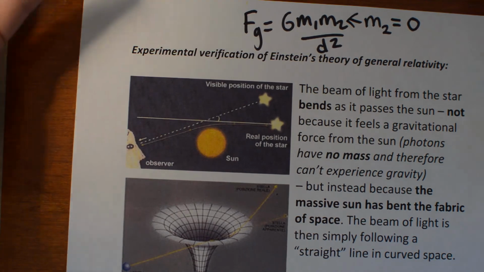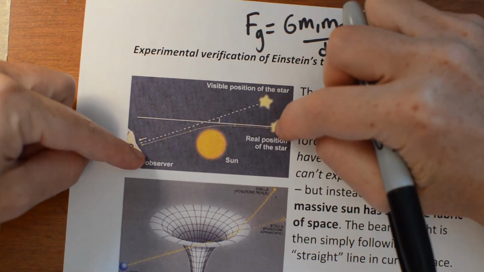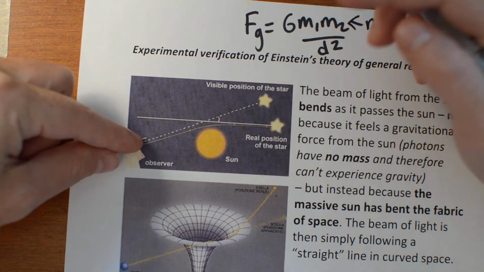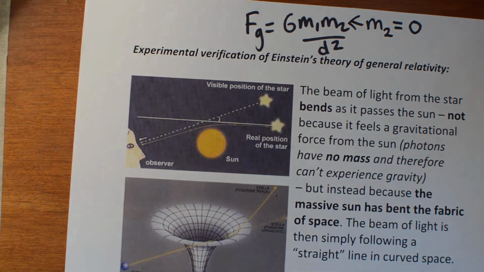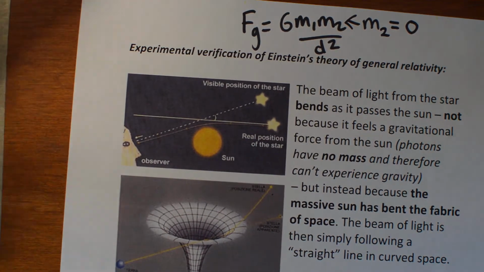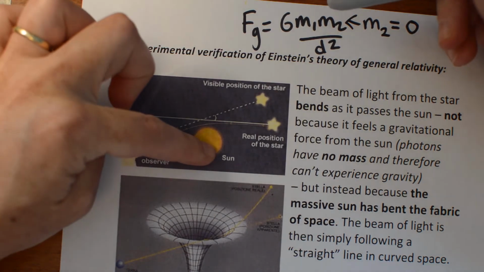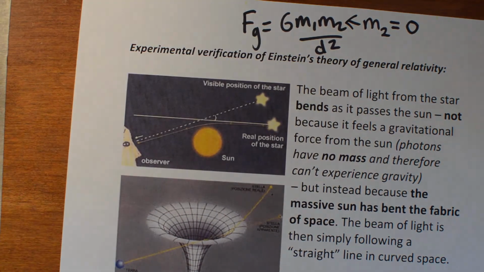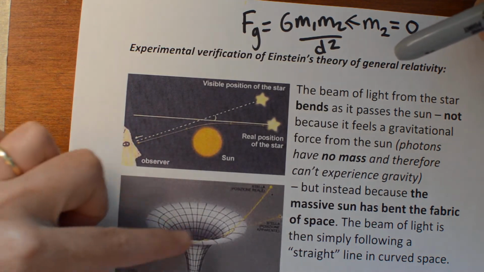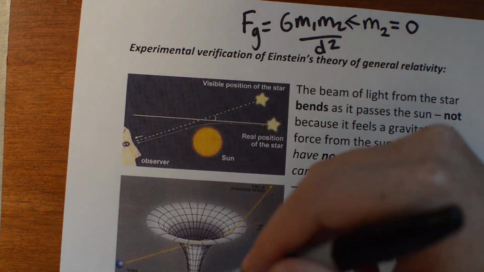And so the fact that we can see it, and it appears to have moved to this position, must mean that somehow that photon is being pulled by gravity, or maybe that gravity isn't really what's going on here. Maybe the sun is actually bending the fabric of space, and then that photon is just following a line in space which happens to be curved around the sun.